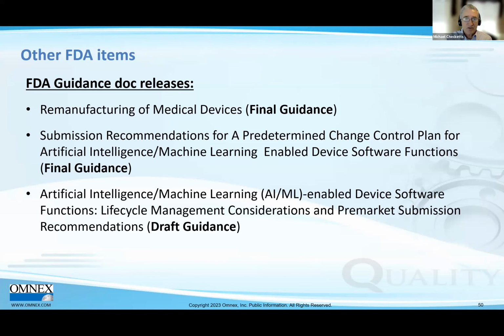In addition, a draft guidance came out during the same week for AI machine learning enabled device software functions, talking about life cycle management considerations and pre-market submission recommendations. So that's something new that has not occurred yet.